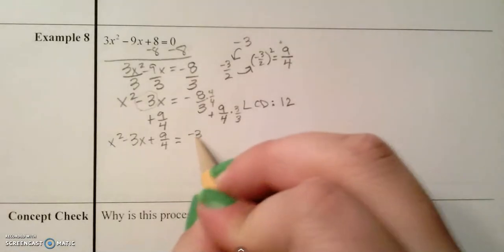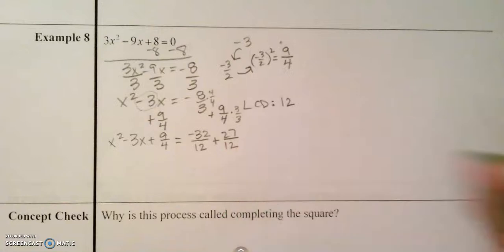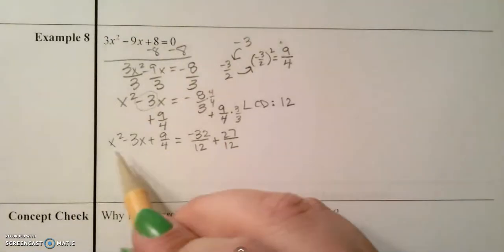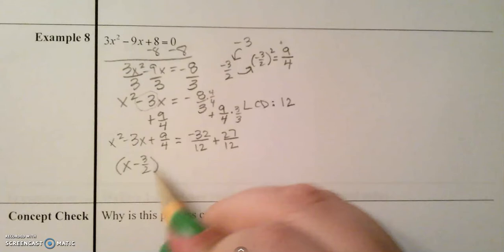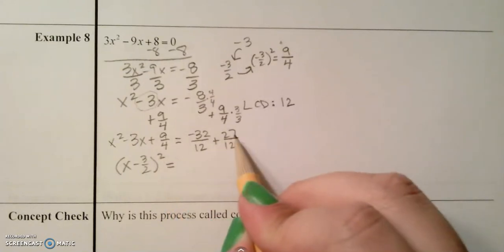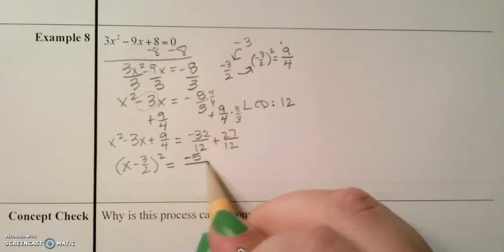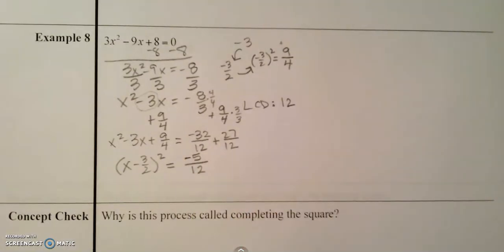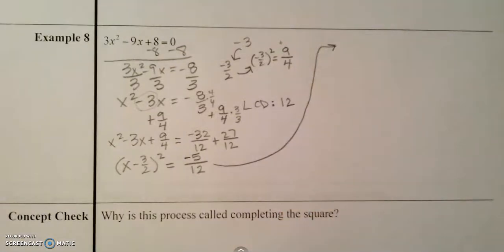So I get negative 32 over 12 plus 27 over 12. Factoring the left-hand side, we get x minus 3 halves squared equals negative 32 plus 27 is negative 5 over 12. That is the square completed, and now to finish solving, we need to use the square root property.